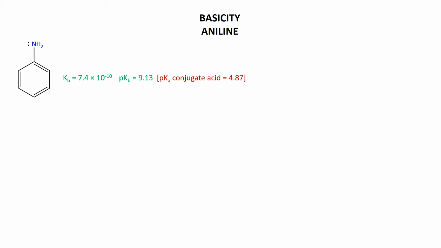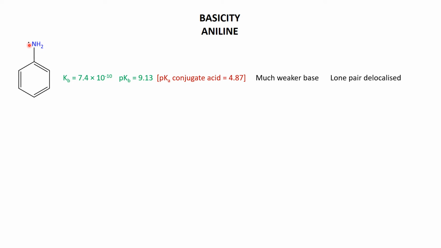It is a ridiculously weak base compared to methylamine or ammonia. In other words, sticking on this phenyl group here really makes it a much weaker base. Well, why is that? Well, because that lone pair is delocalized. Remember that the basicity of this nitrogen is associated with donating that lone pair.